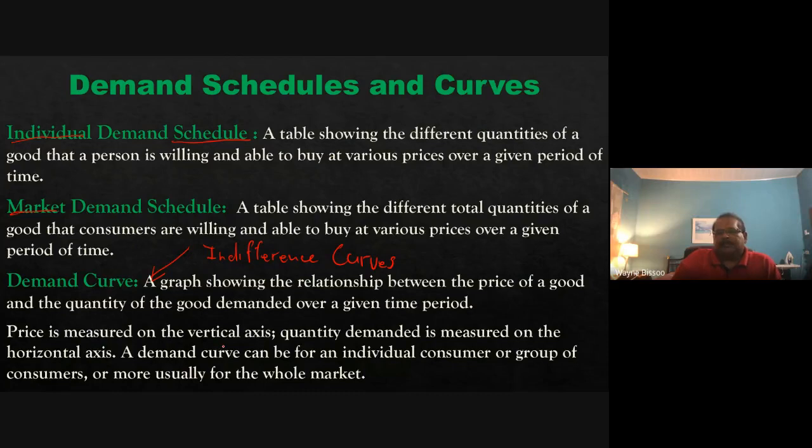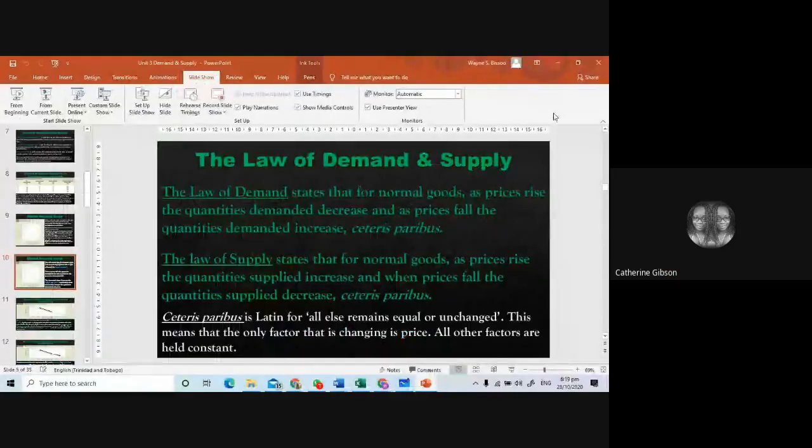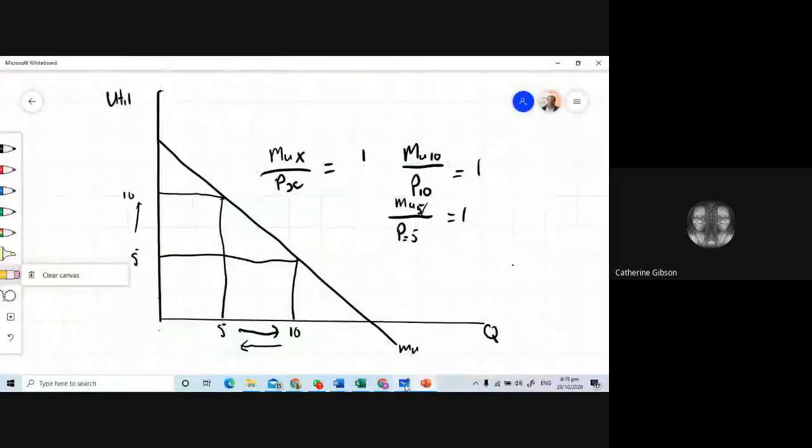I think I demonstrated it in the last class. You all remember that? No? We talking about the bundle of two goods? Yes. I wasn't there, but I think I remember. Well, you should have seen it.